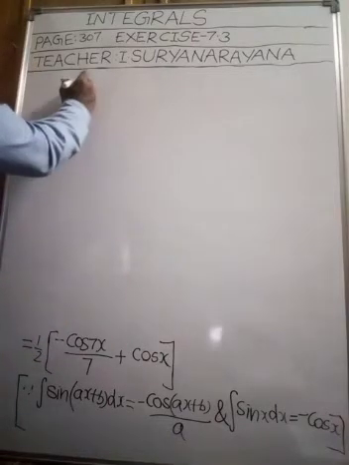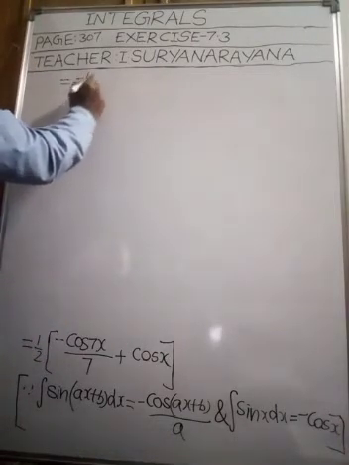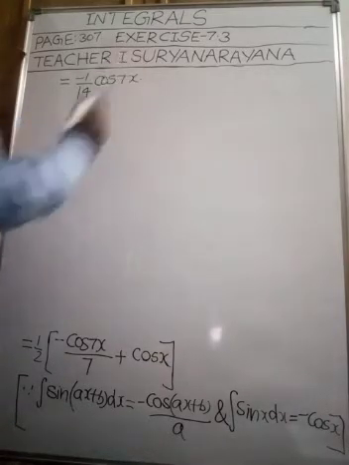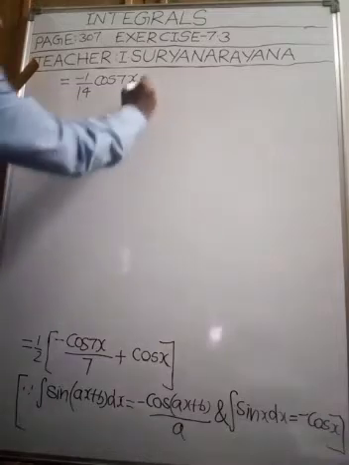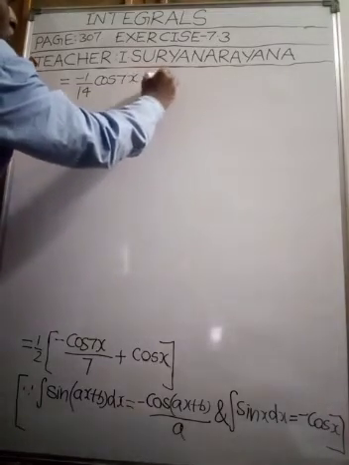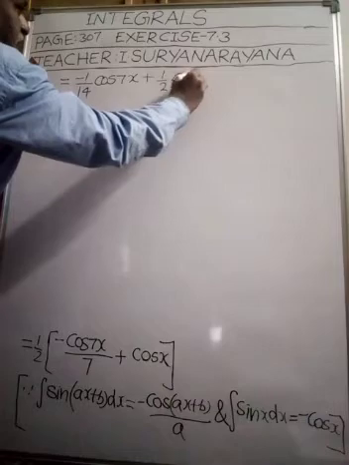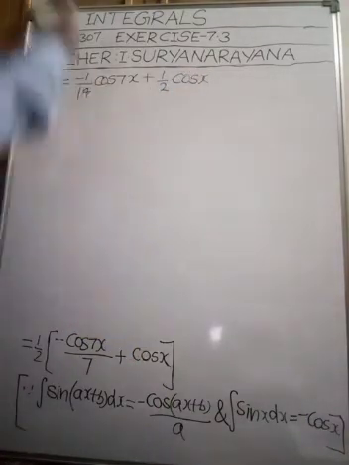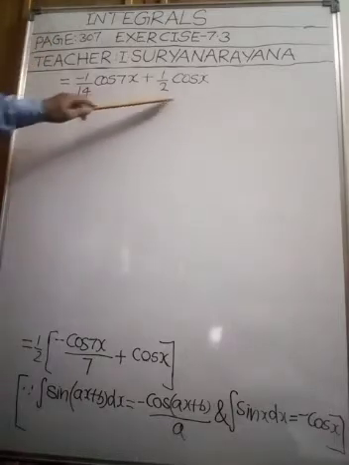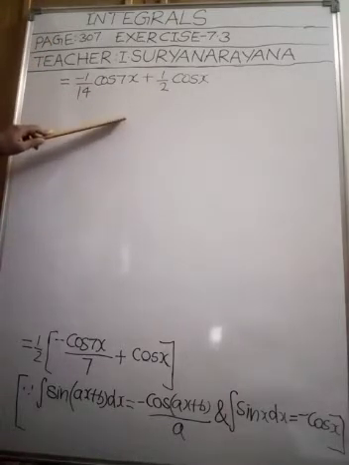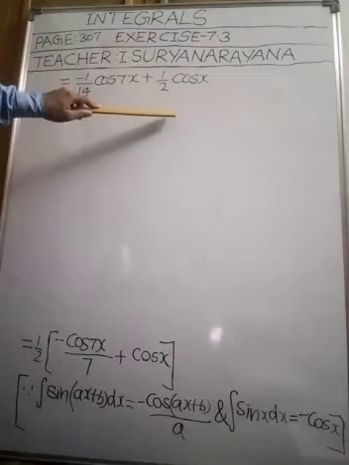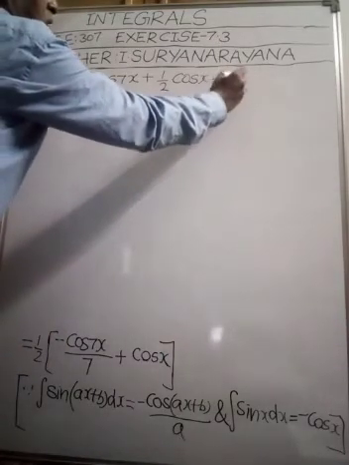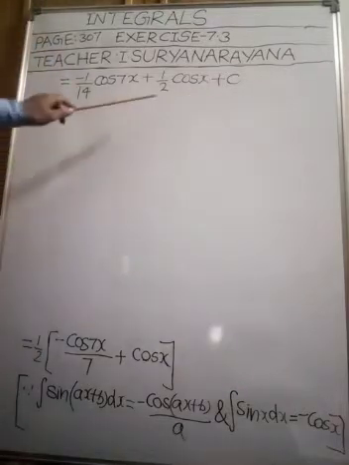Minus 1 by 14 cos 7x plus 1 by 2 cos x. By using the distributive property, we wrote this step. Understood this step, and this is the last step. Simplification part is also over. At the last step, what will you do? We have to add the constant of integration.